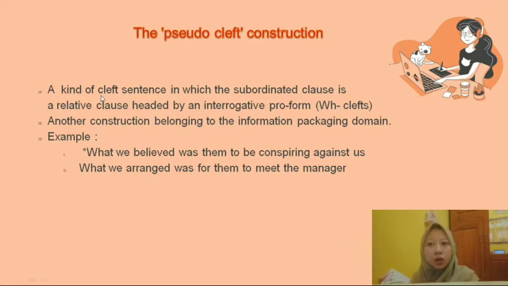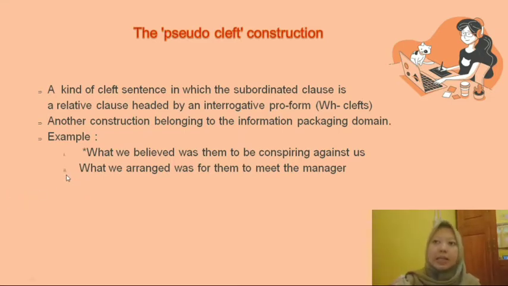The function is, of course, like a cleft sentence, but they are formed with the pronoun what. Pseudo-cleft is also another construction belonging to the information packaging domain. The emphasis in a pseudo-cleft sentence is on the phrase after the clause plus be.